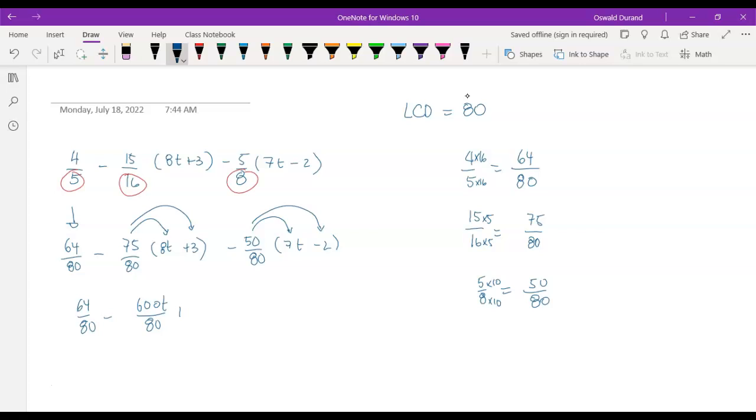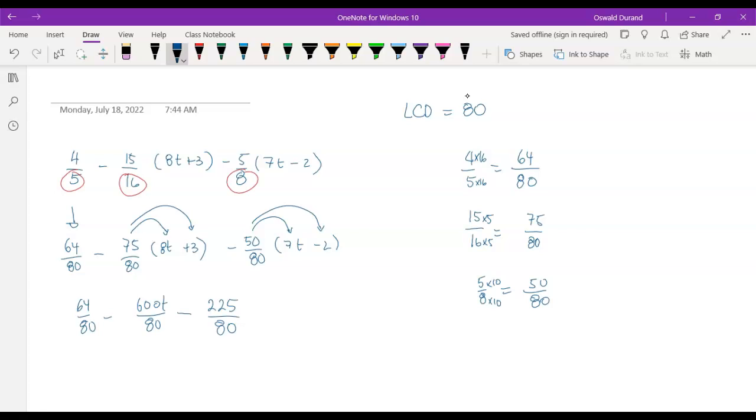And then the negative has to carry the 75, so it's negative 75 times 3. So it's going to give me negative 225, right? So negative 225 over 80. And then I'm done with this, right?